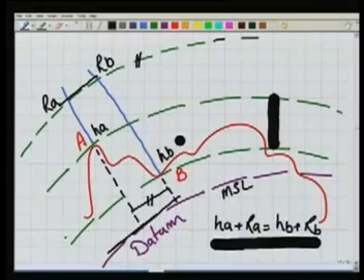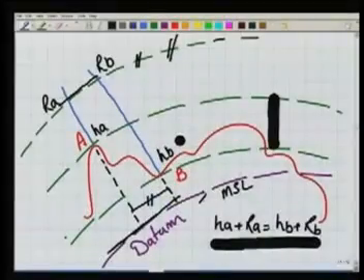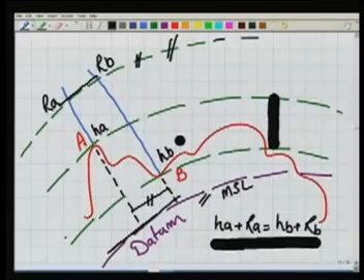But if the area is large, we should somehow establish a measuring surface which is parallel to mean sea level. Now how do we actually realize all this in practice?